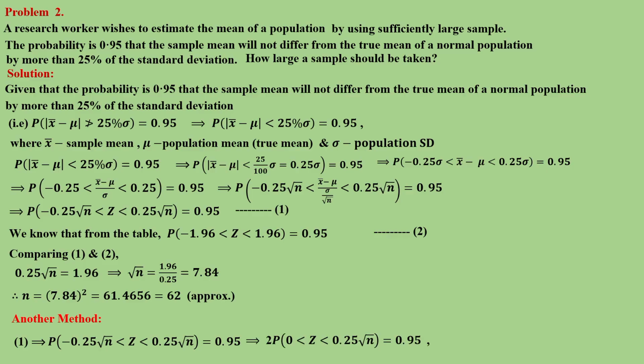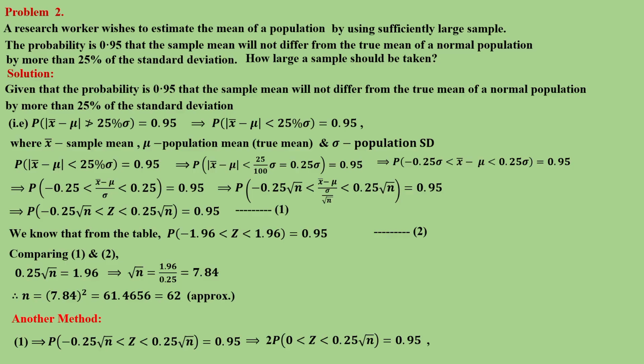This can be written as 2 times the probability of 0 less than z less than 0.25 root n, because the normal area from minus 0.25 root n to plus 0.25 root n is two times the area between 0 and 0.25 root n, since the normal curve is symmetric. Suppose you have minus a to plus a, with 0 in between. The total area between minus a and plus a can be written as the area between minus a and 0 plus the area between 0 and a. Because the normal curve is symmetric, the area from minus a to 0 is the same as from 0 to a. That is why we use 2 times the area between 0 and a.